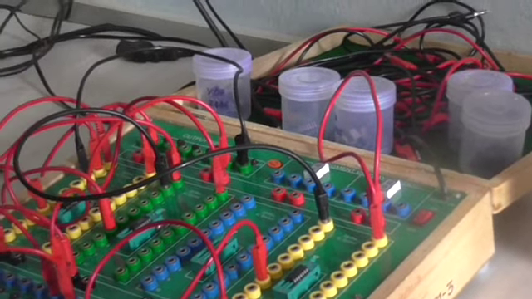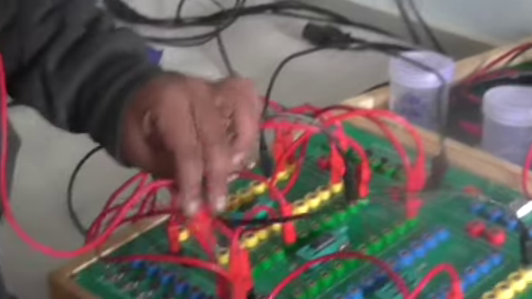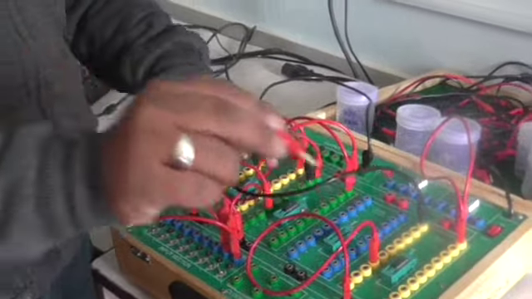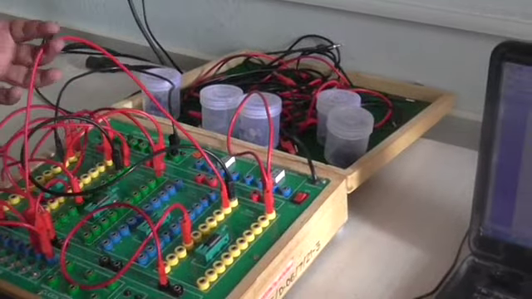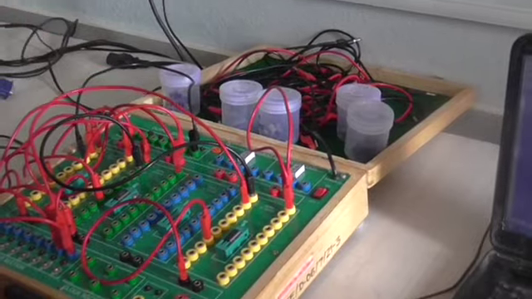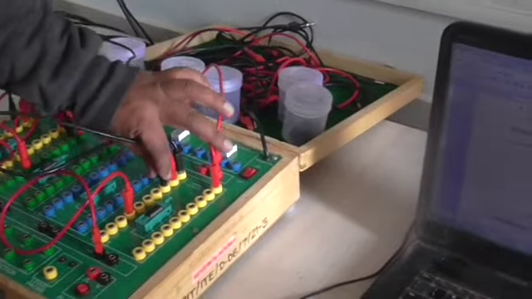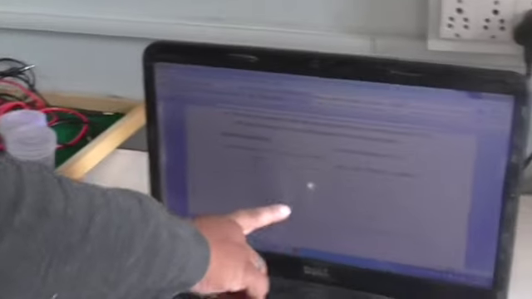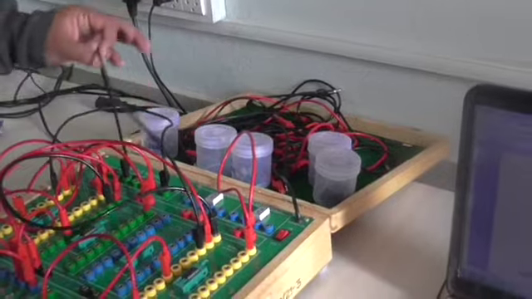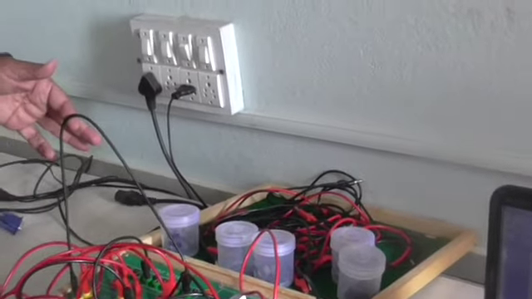Now the second input B is directly connected to the AND gate. Finally we get the output on the AND gate as the borrow. Here I am getting the borrow and here I am getting the difference.